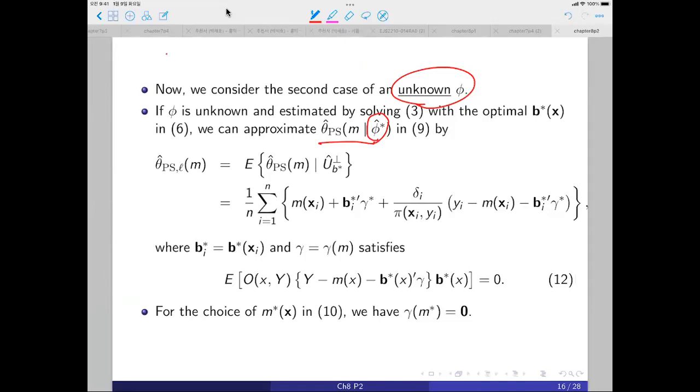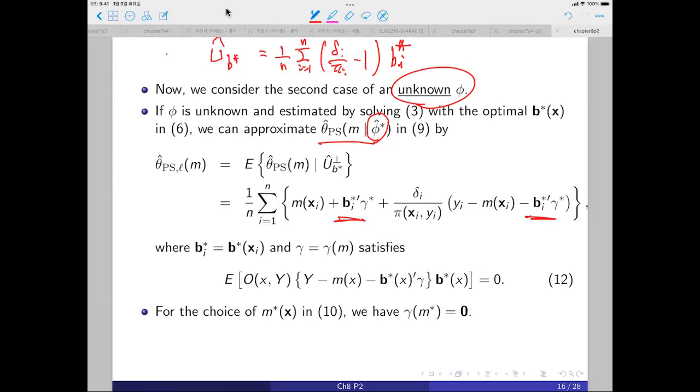It's a projection onto the orthogonal part of U_P star. By the way, the form of U_P star is something like this: Delta_i minus pi_i, over pi star, right? Then the projection onto this orthogonal space is actually just computing the regression. So this guy comes in as part of the additional covariate.